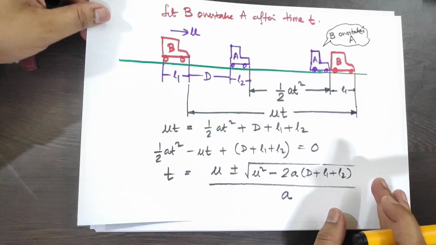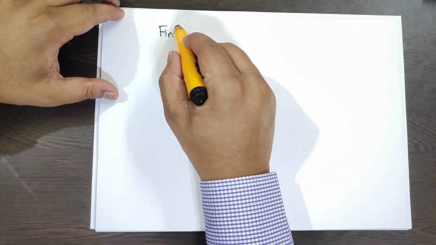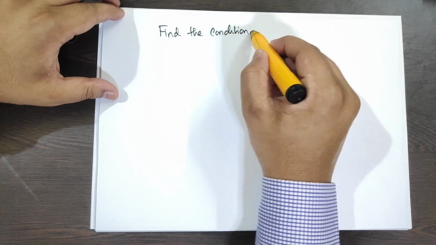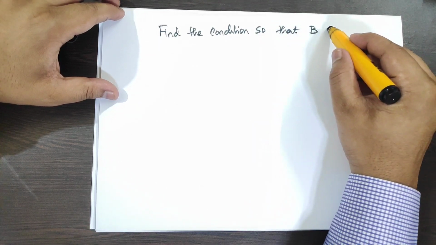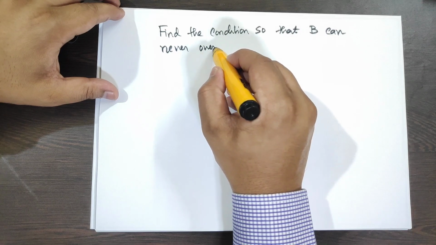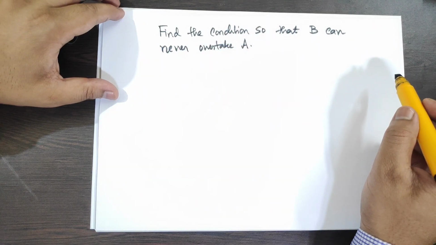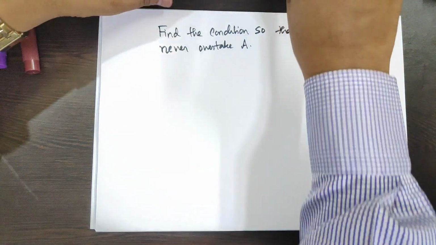Now in the same problem it may be asked to find the condition so that B can never overtake A. So you see what you have to do.